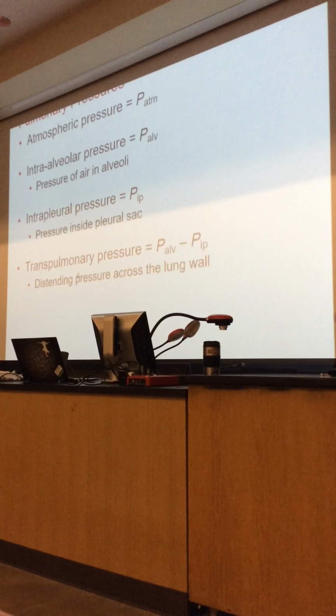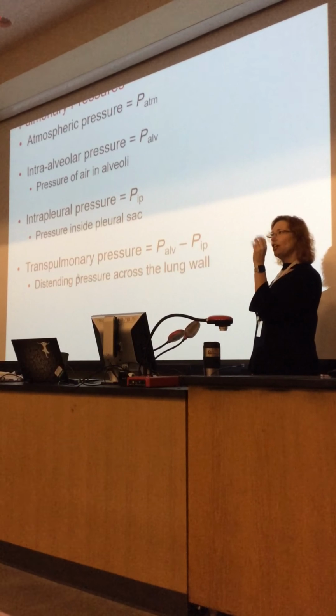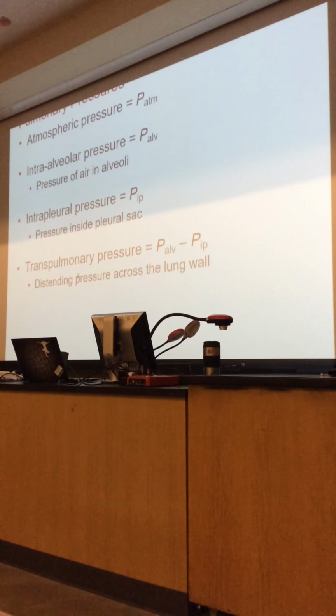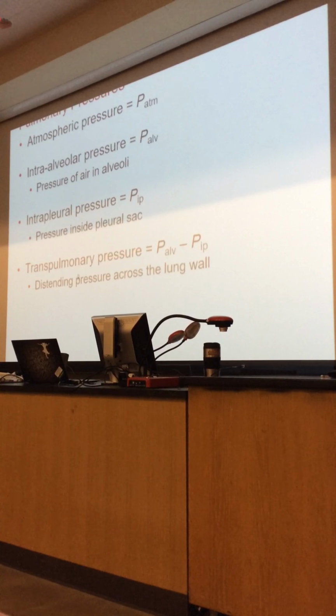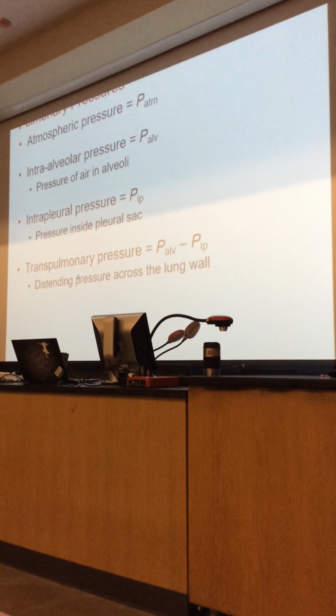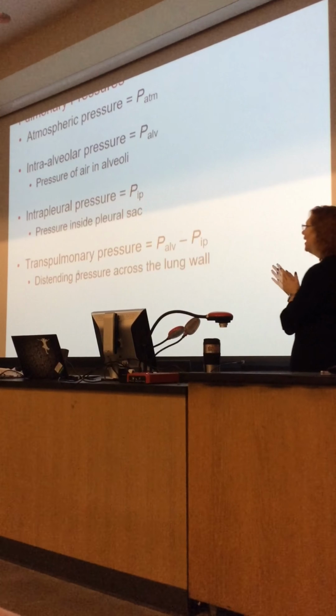Intra-alveolar pressure is the pressure of the air inside each alveolus. Okay? Intrapleural pressure is the pressure in that pleural cavity between the lung and the thoracic wall.